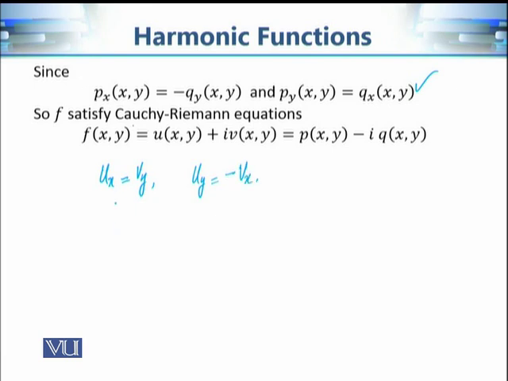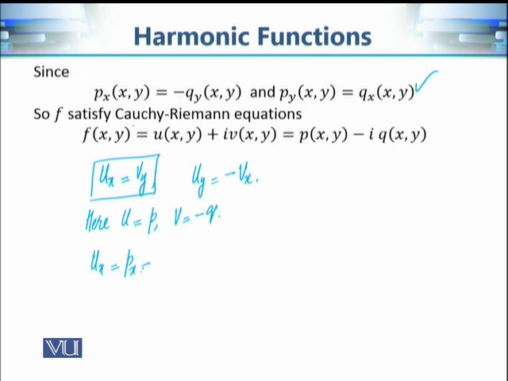These are satisfied because here u is equal to p and v is equal to minus q. Let's see why the first Cauchy-Riemann equation is satisfied. Over here ux is equal to px, and we know that px is equal to minus qy.